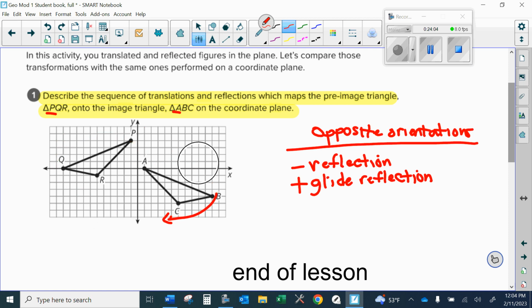Okay, so that means it's going to take three. Remember, a single reflection followed by translation. So I go ahead and reflect this across the y-axis, reflect this across the y-axis, reflect this across the y-axis. 1, 2, 3, 4, 5, 6. 1, 2, 3, 4, 5, 6.